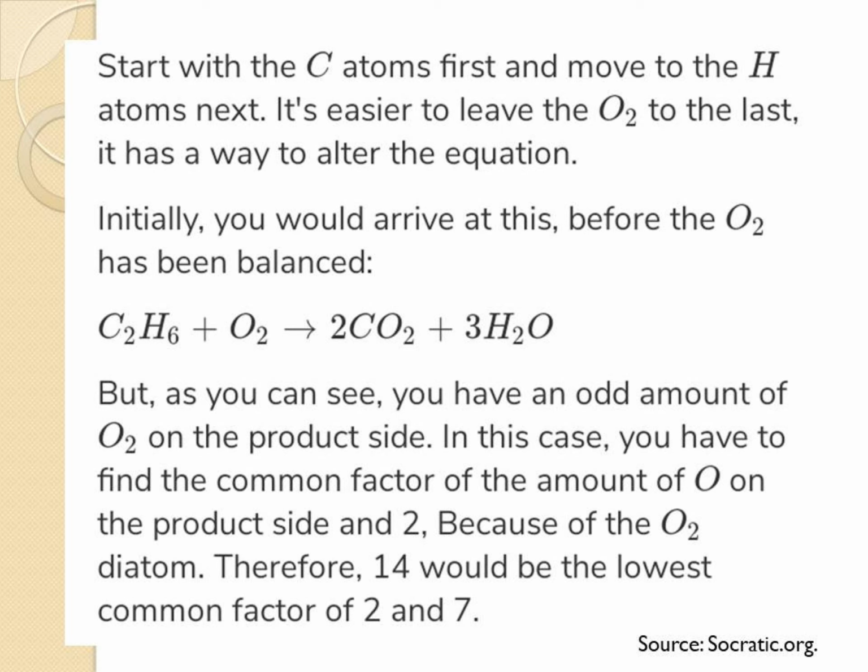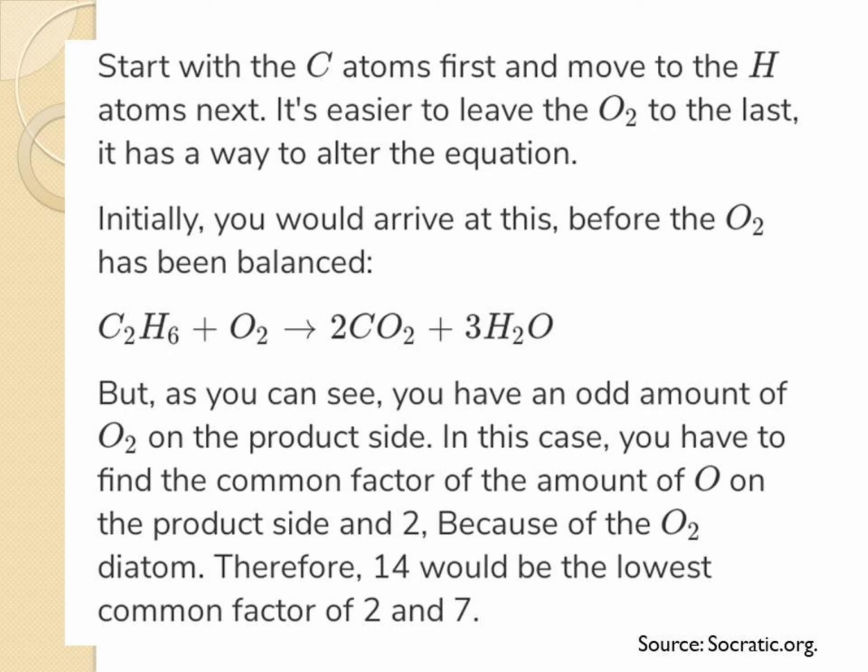But in this case, you can see that you have an odd amount of oxygen, that is 7, on the product side. You have to find the common factor of the oxygen on the product side and 2, because oxygen gas is a diatom.